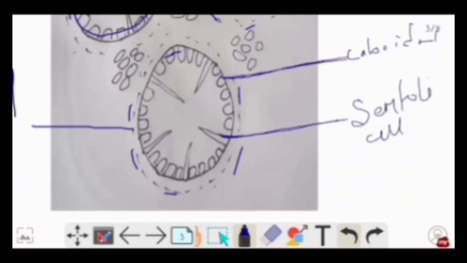These cuboidal cells are the ones which undergo spermatogenesis.